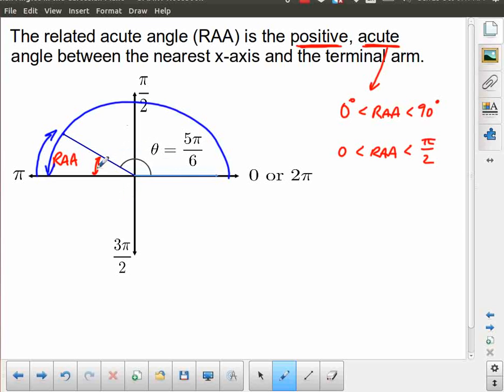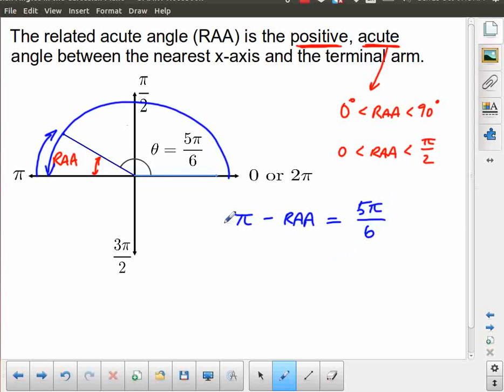Now, that's the very strictly formal way of doing it. What this diagram says is that if I go all the way to pi and then I come back by the related acute angle, I end up getting 5 pi by 6.